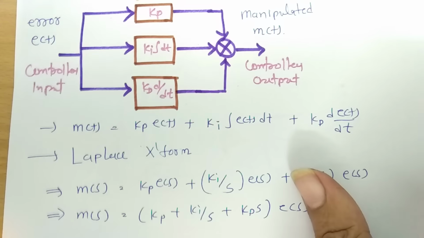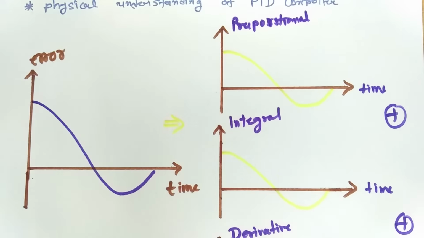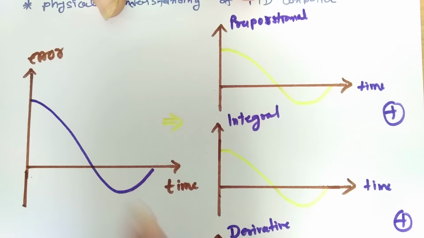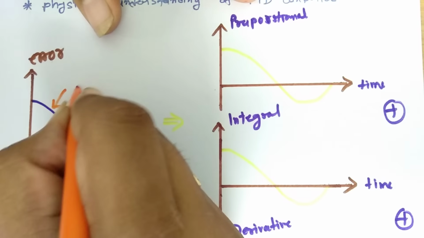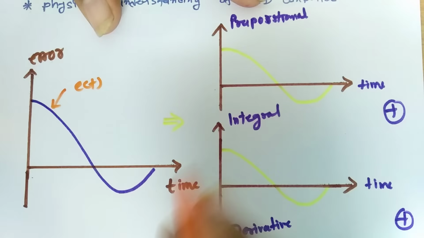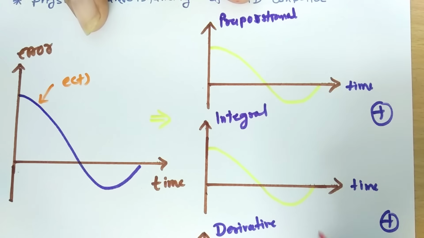Now let us try to understand the physical understanding of the PID controller. Here one can clearly see this is the error signal, which is changing with respect to time. This error signal e(t) is given to all the controllers: proportional, integral as well as derivative.